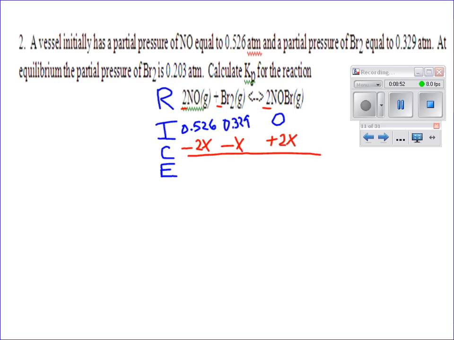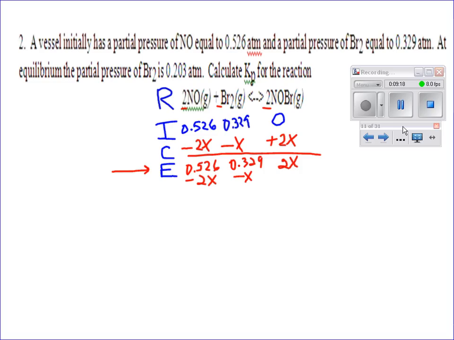So when I add these guys up, I get 0.526 minus 2x, 0.329 minus x, and then 2x. Well, in order to get the equilibrium pressures and to calculate Kp, because I need all of these equilibrium pressures to calculate that, I've got to find x. And turns out they did give me another piece of information.